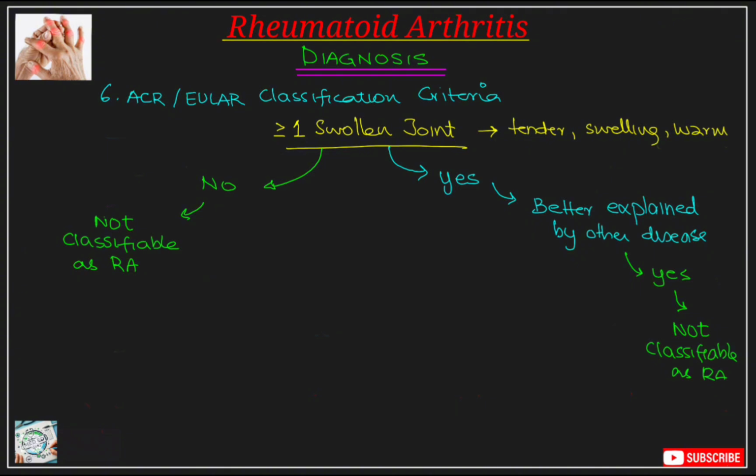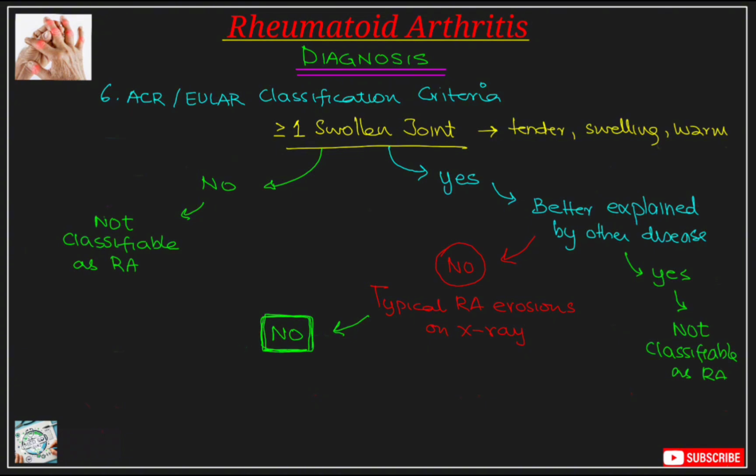Now let's suppose a patient has a swollen joint which cannot be explained by any other disease. Then the next step is to check for radiographic evidence of rheumatoid arthritis, particularly marginal erosions on X-ray. Now, if a patient has swollen joints which cannot be explained by other diseases, and we do an X-ray and there are no erosions, what happens next?